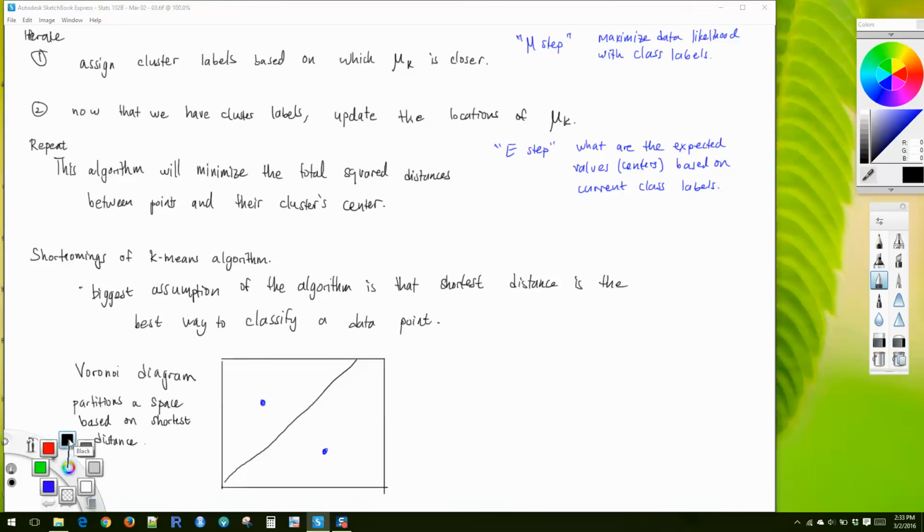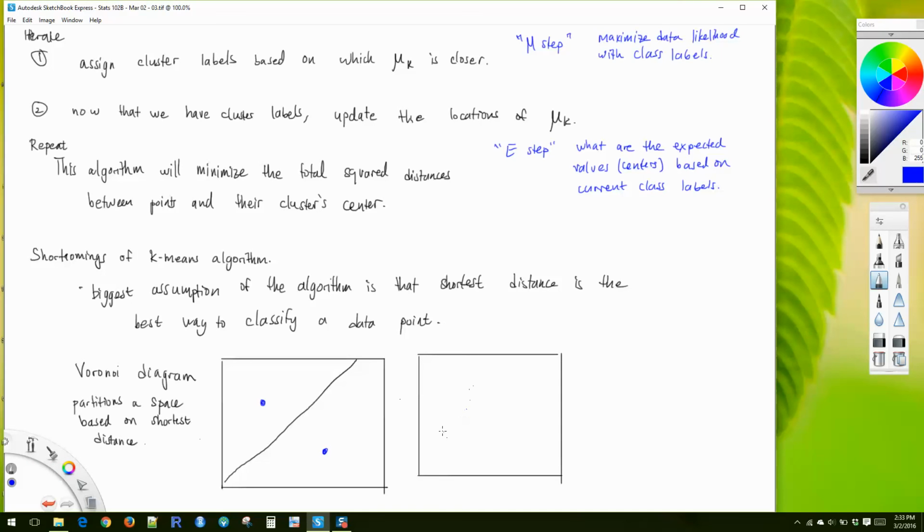And so it forms these nifty little patterns. If you've got multiple centers, so let's say you've got like four, it's going to draw a line here, and then it's going to look at this over here, and it does something like this, okay?